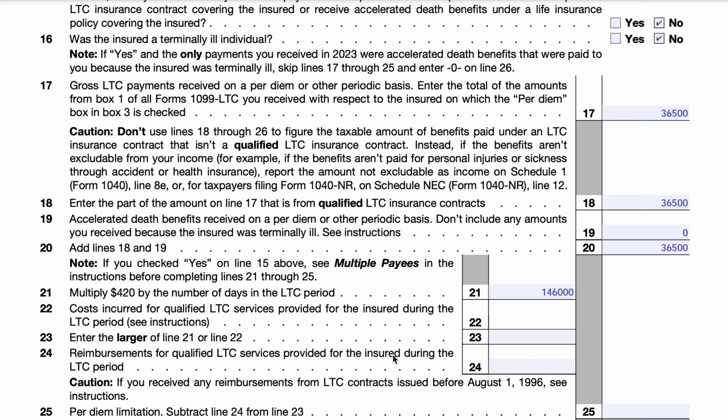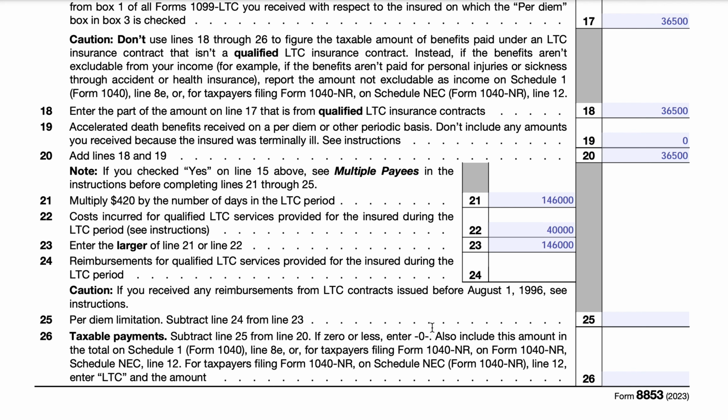The costs that were incurred were actually $40,000. So you would enter the larger of these in here, and then any reimbursements for long-term care services. Let's first imagine that he didn't receive any reimbursements.